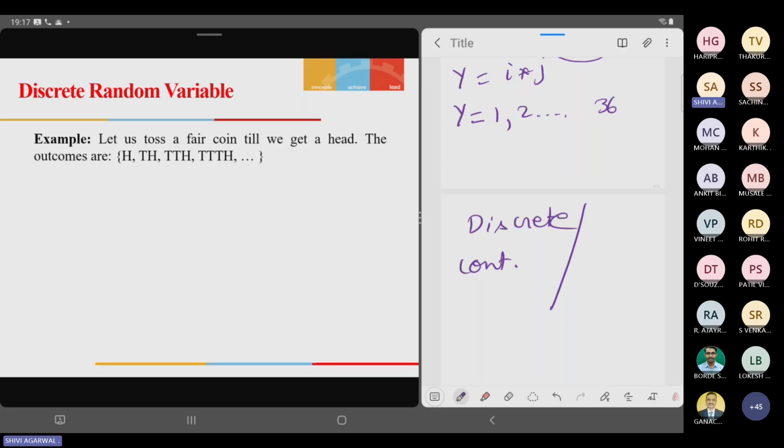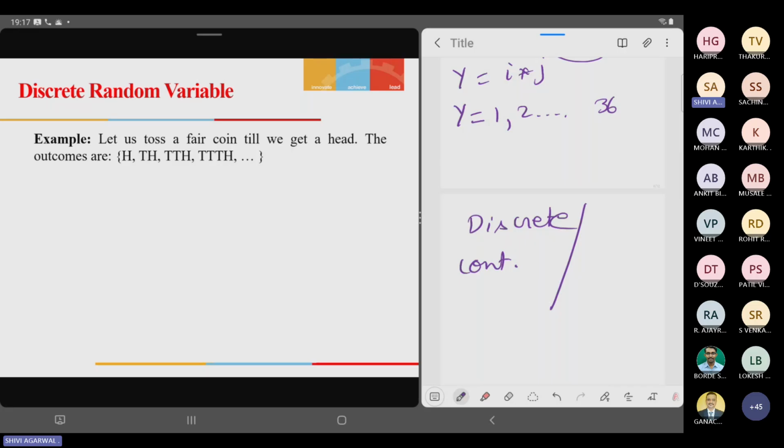But if we are talking about distance, it is continuous. If we are talking about time, it is also continuous. Clear? If we are talking about length, it is also continuous. So if a random variable is defined in the form of distance, mass, weight, or length, these are continuous.